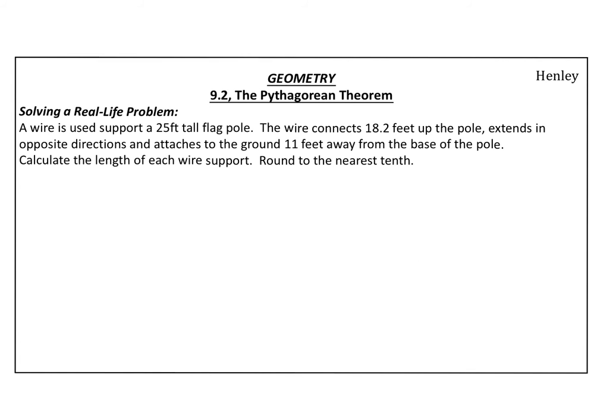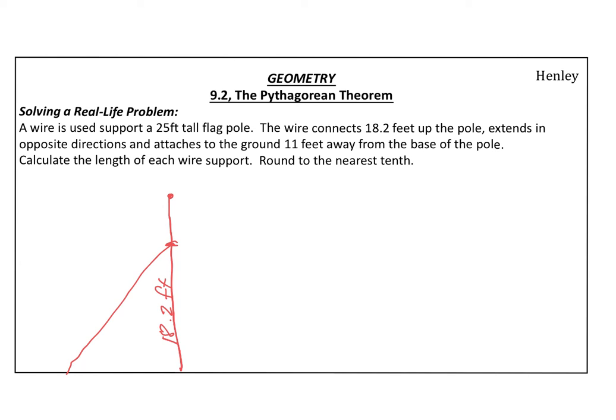In our next problem, a wire is used to support a 25-foot flagpole. So we have a flagpole, and a wire is used to support it. The wire connects 18.2 feet up the pole, and that's this point.